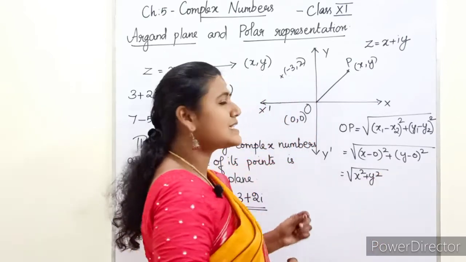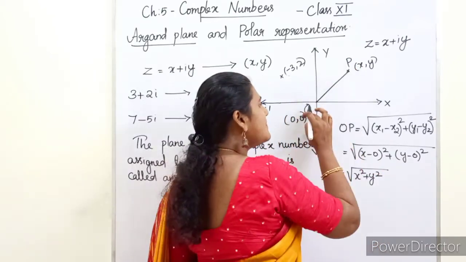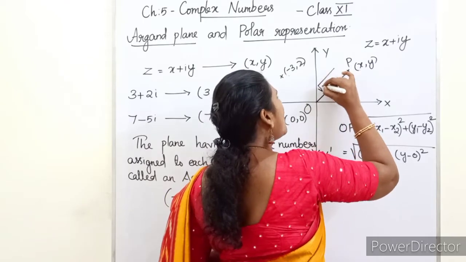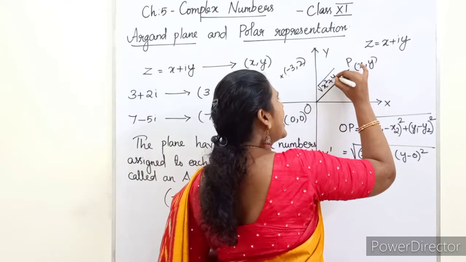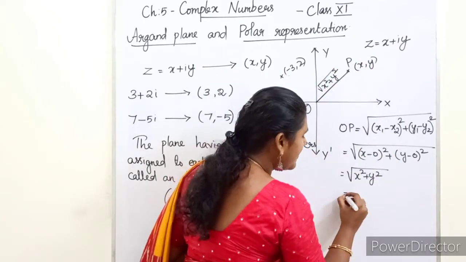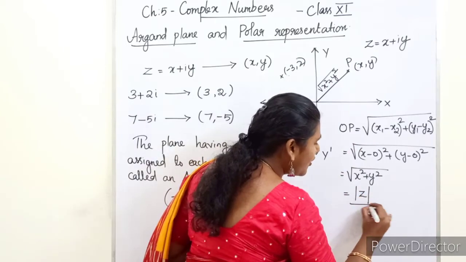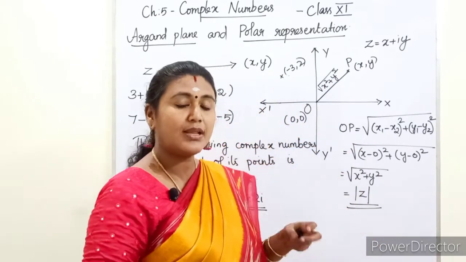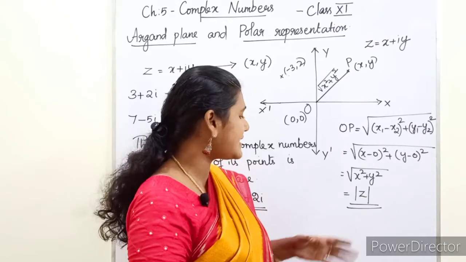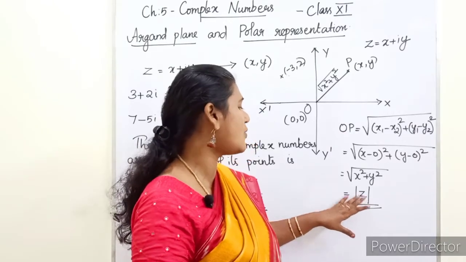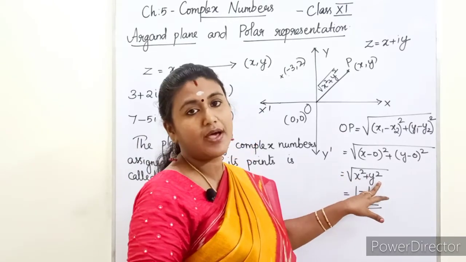So the distance of this point from the origin is root of x square plus y square. Actually this is nothing but the modulus of the complex number z. In the previous video we have learned what the modulus is.